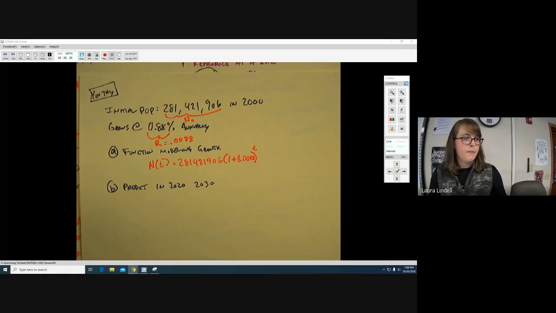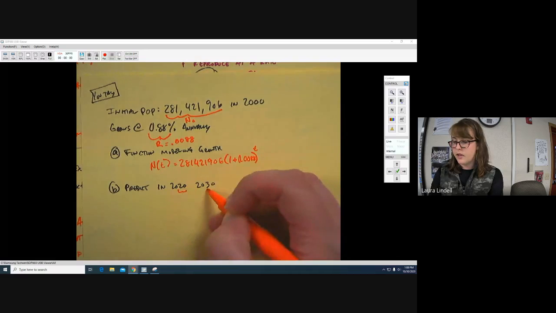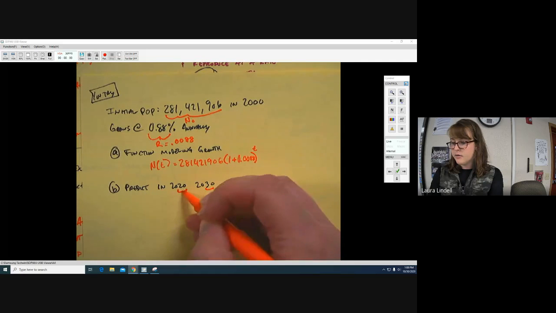Okay. Any numbers on this, we're not sure where they came from. Any steps, we're not sure how they happen. So if I was going to predict the amount of people in 2020 and in 2030, I need to use the 20 and the 30.